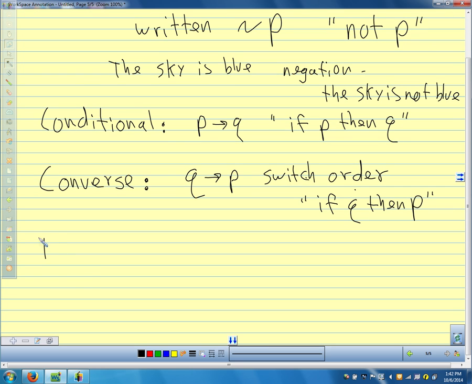The inverse we make with a negation. We put not before P and Q in the original conditional.